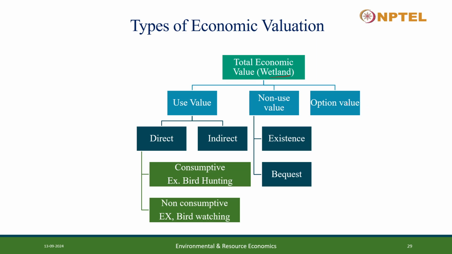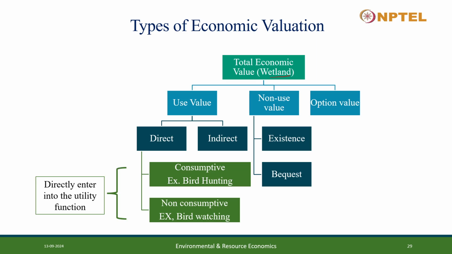Okay, use value is the value which you can directly use, right? When the value of certain environmental goods and services directly enters into the utility function, such value is known as use value. Let's take an example in the wetland case. Let's say that you are hunting a bird.